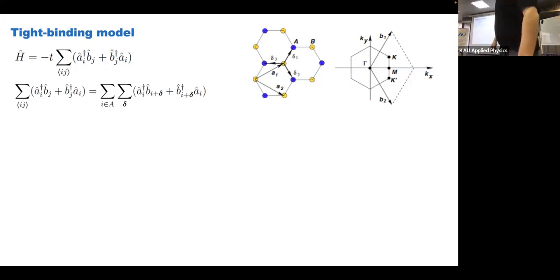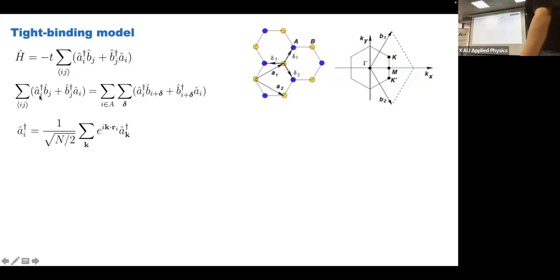Then I will go to reciprocal space, and I have to have some expression for these operators in reciprocal space. It's also rather simple. It's just this transformation.